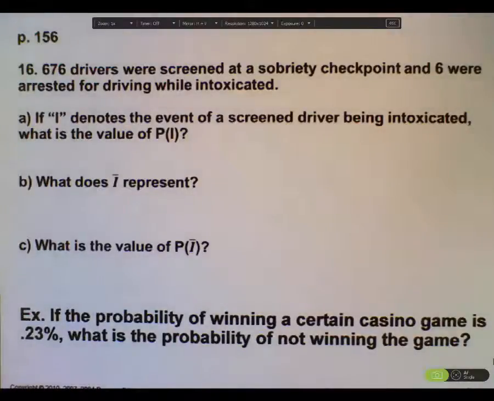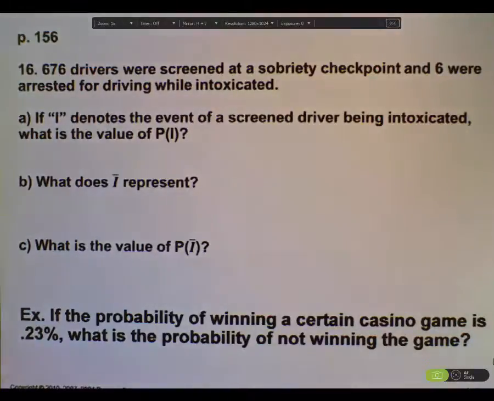Let's look at an example involving complements. From page 156, number 16 says 676 drivers were screened at a sobriety checkpoint and 6 were arrested for driving while intoxicated. In the A part, if I is the event of a screened driver being intoxicated, what's the probability of I?